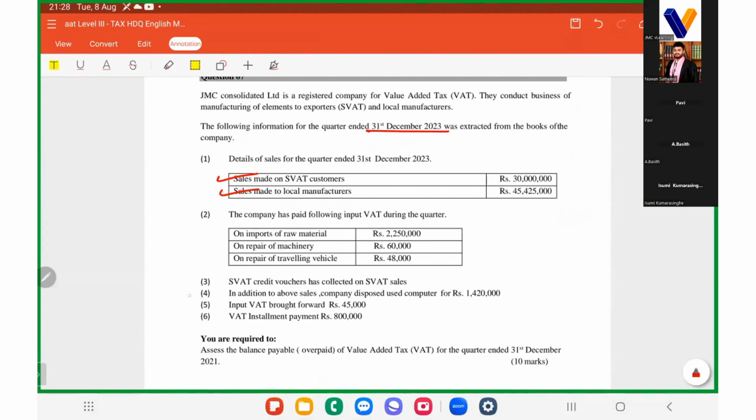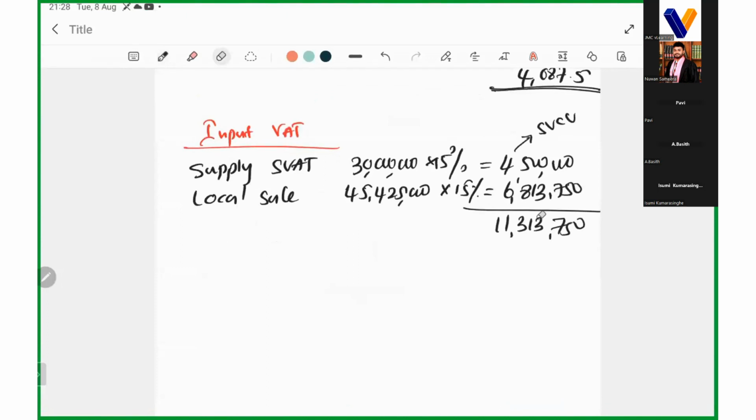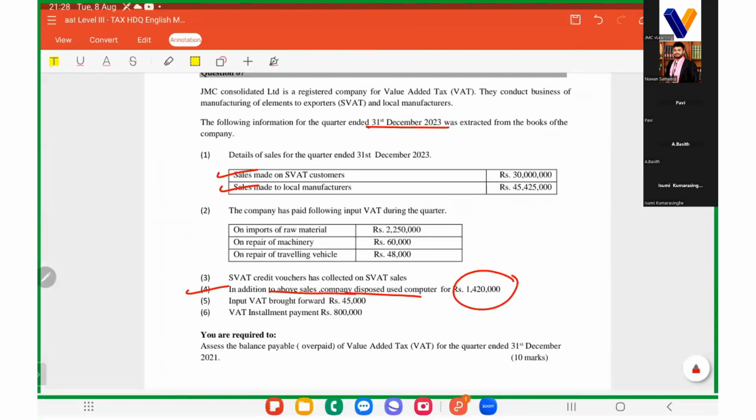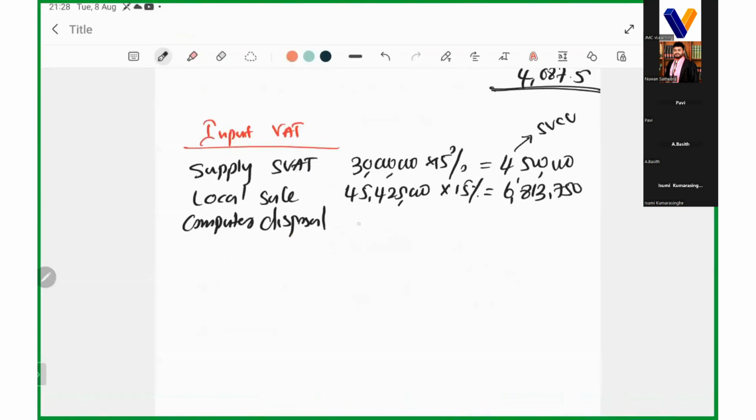In addition to the above sales, the company disposed of a computer, computed at 1,420,000. That also should be taken. Right? Computer disposal, how much for that? 1,420,000.